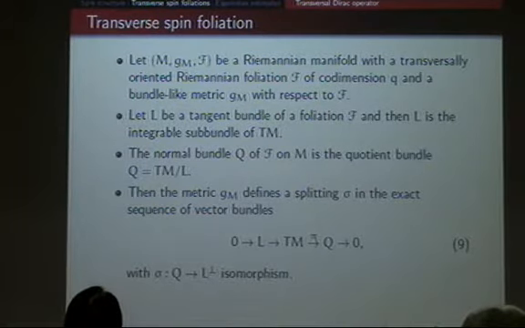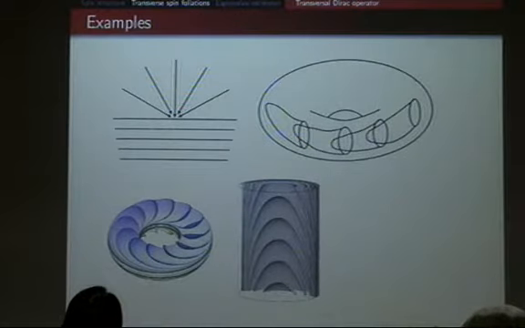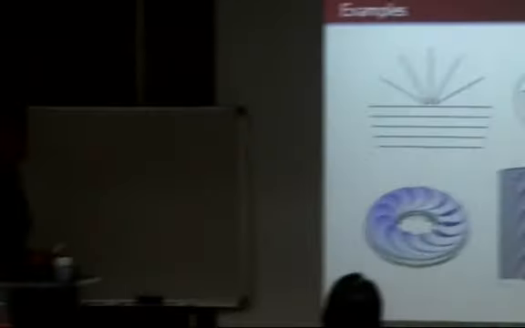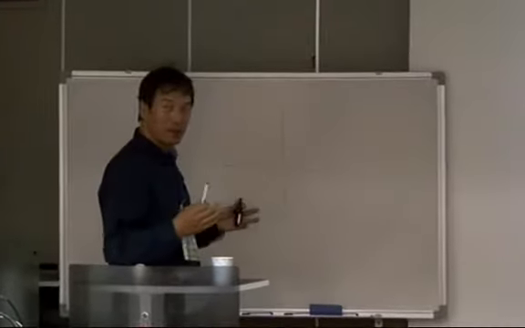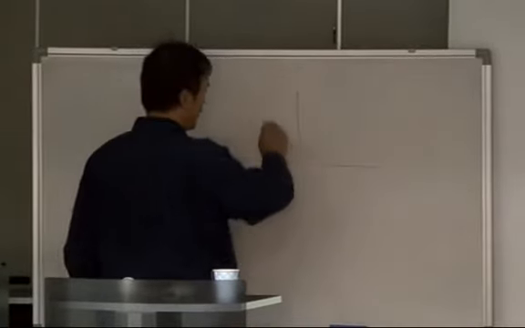So now we define the spin structure on the foliated Riemannian manifold. What's the leaf here? You can consider just the torus, T2 or solid torus, no problems.